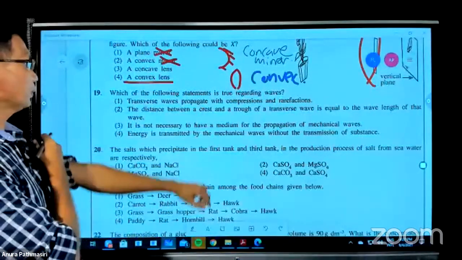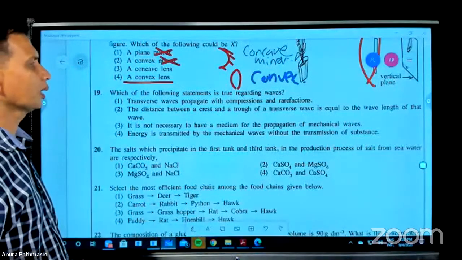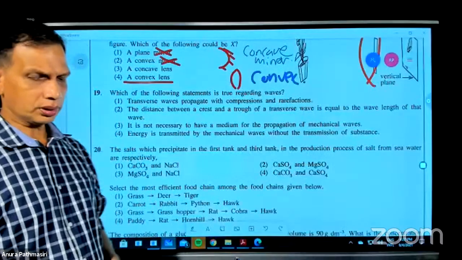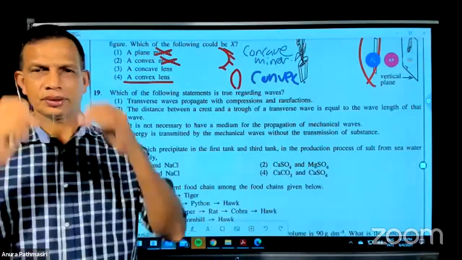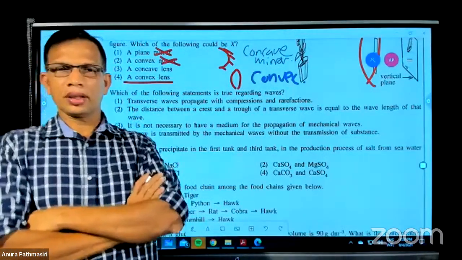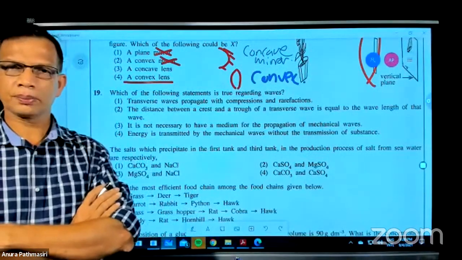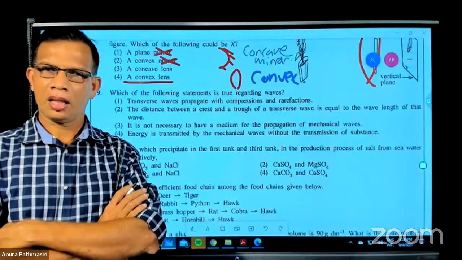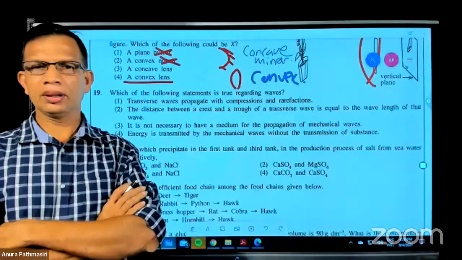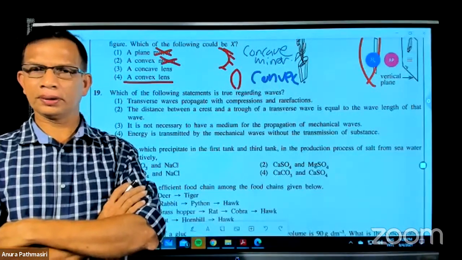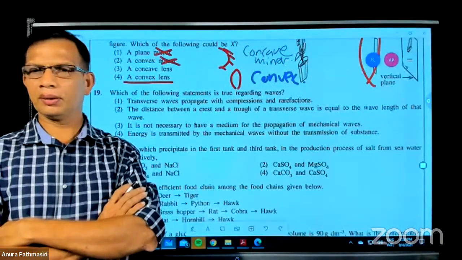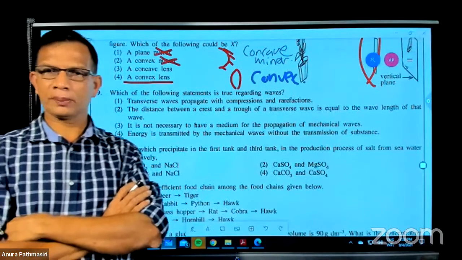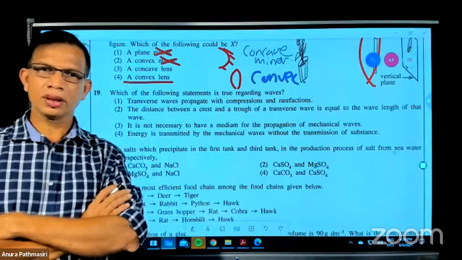Which of the following statements is true regarding waves? Transverse waves propagate with compressions and rarefactions. The distance between a crest and a trough of a transverse wave is equal to the wavelength of that wave. It is not necessary to have a medium for the propagation of mechanical waves.